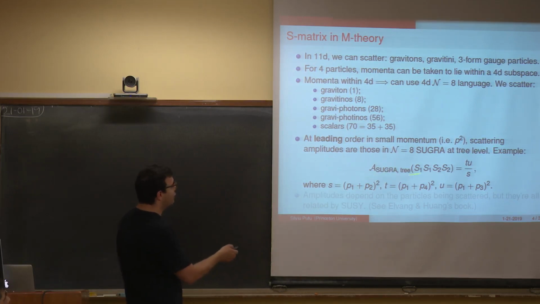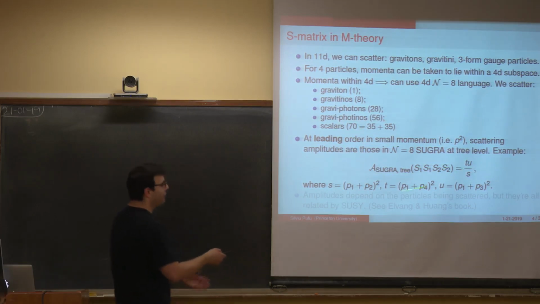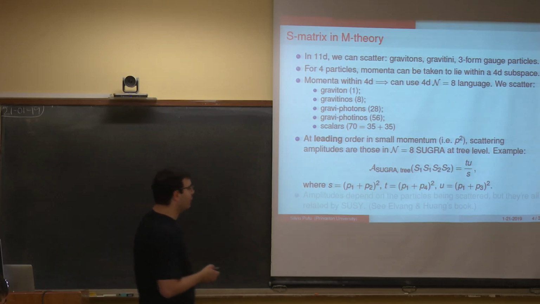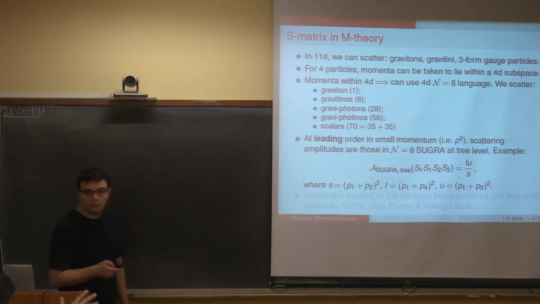The scattering amplitudes depend on the type of particle that we're scattering. For example, if we have 2 scalars of one type and 2 scalars of some other type, then we can get formulas like this. So there's just some function of the Mandelstam invariants, plus STU flips.